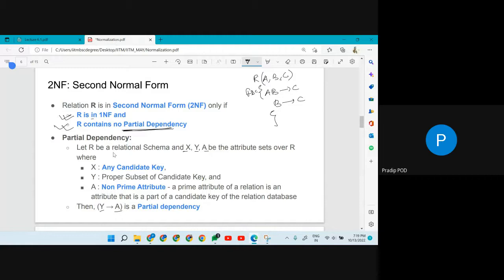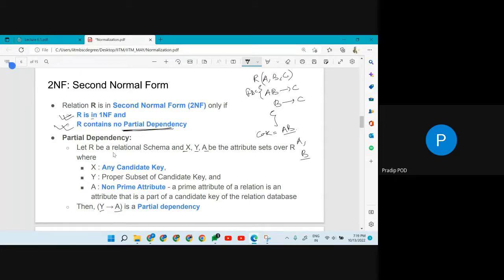Here we can clearly say AB is your candidate key, right? But here it says any proper subset of the candidate key. What are the proper subsets of this candidate key possible? One is A and another is B, right?